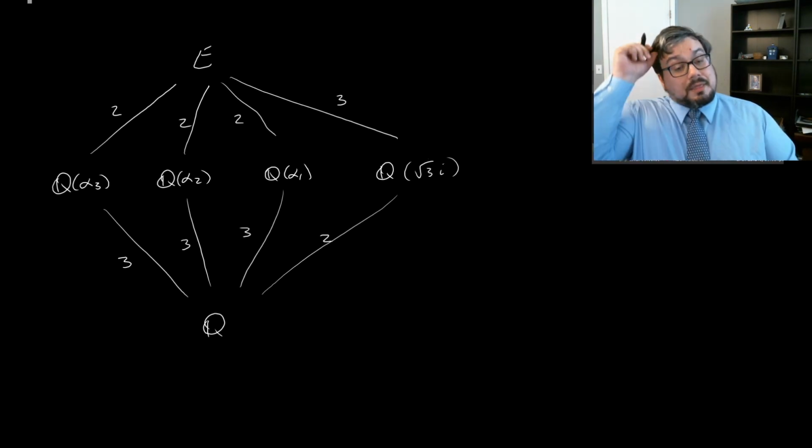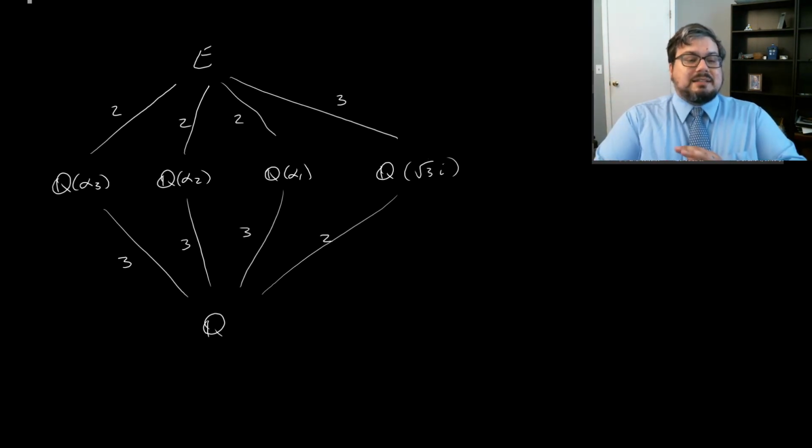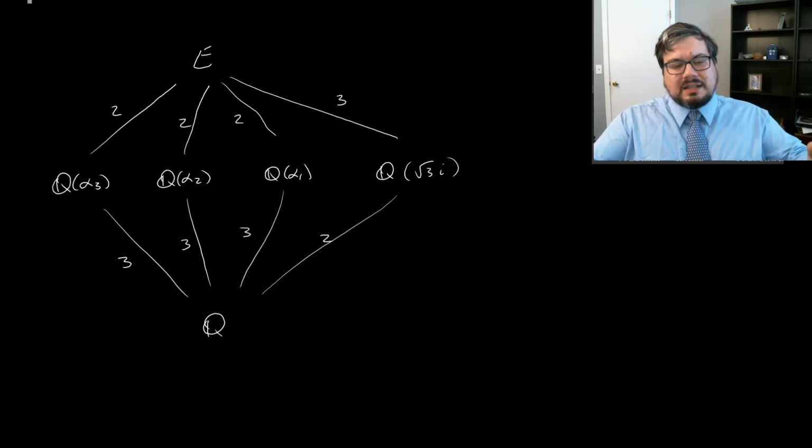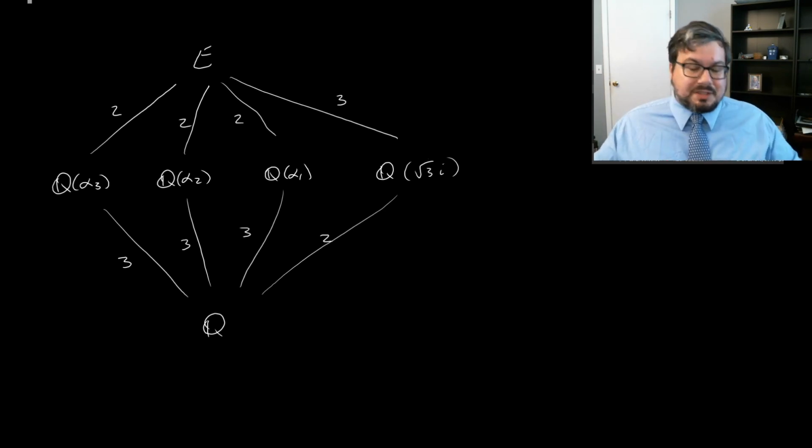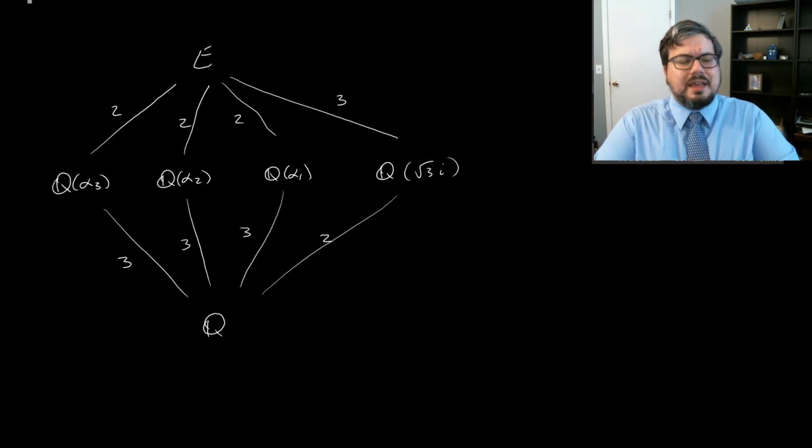And so one of the main things that Galois theory does for us that is maybe a little surprising is not necessarily coming up with these subfields. We could have come up with these subfields fairly easily, even calculated the indices, or the orders of the field extensions, rather.